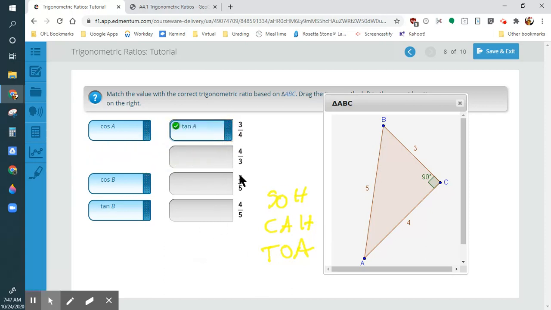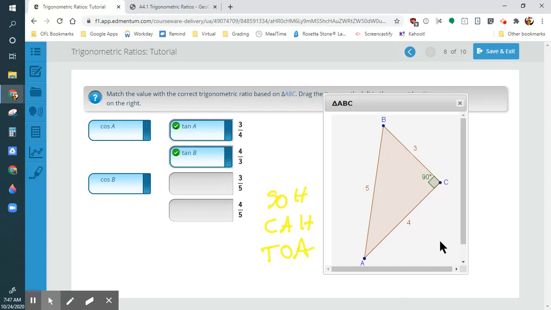The next one I'm looking for is 4 over 3. Well, that's adjacent over opposite, but that's a little weird. We haven't dealt with adjacent over opposite yet. So maybe let me look at B. When I look at B, 4 over 3 would be my opposite over adjacent. So now I'm talking about angle B, not angle A. It's a tangent of this.